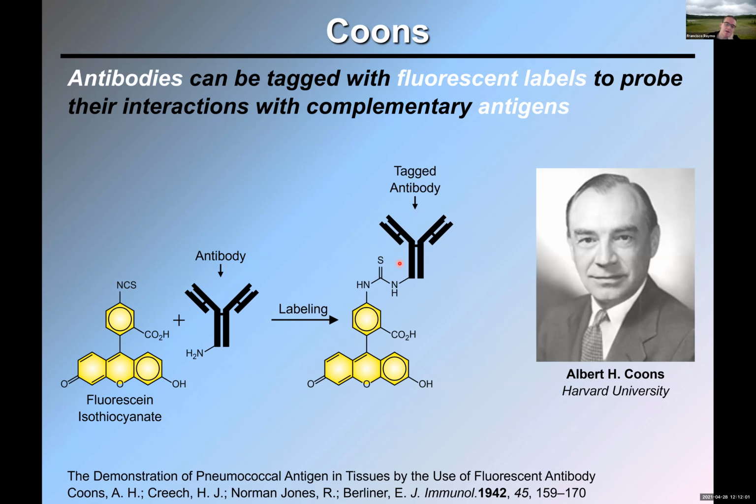After this covalent conjugation, the antibody becomes fluorescent essentially. So you can see where the antibody goes in a given biological sample, measuring the fluorescence that comes out of fluorescein.